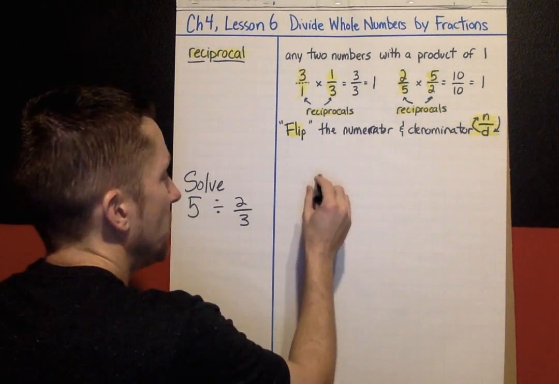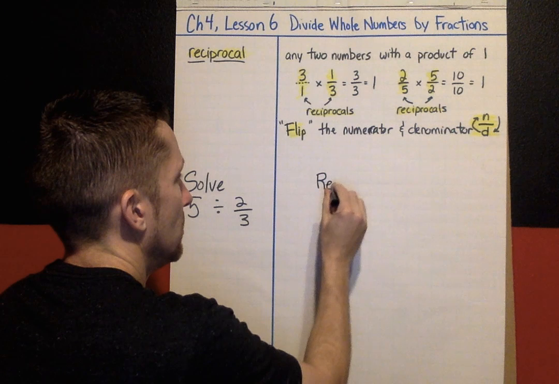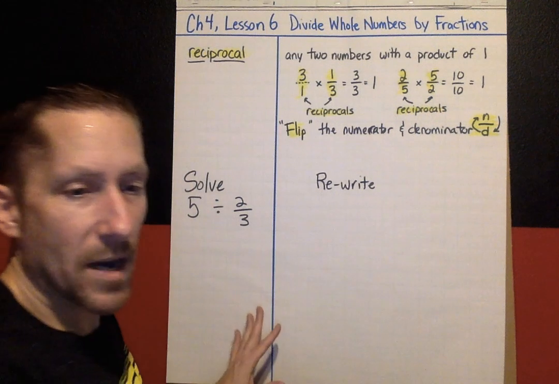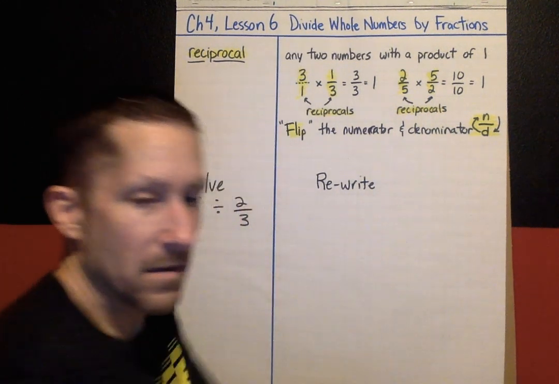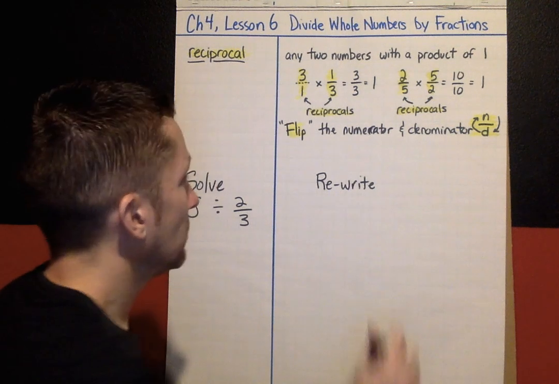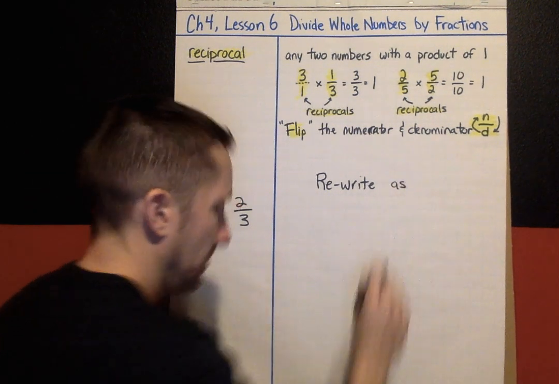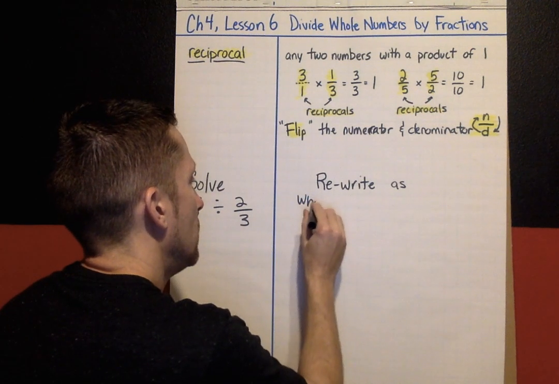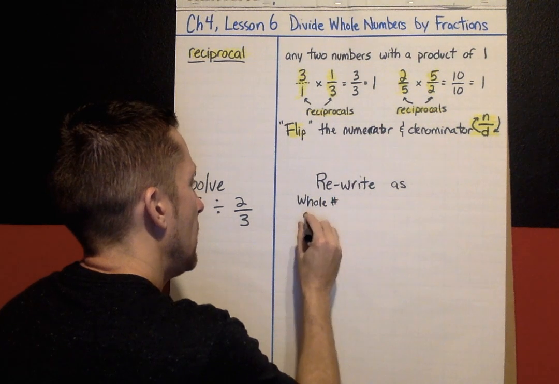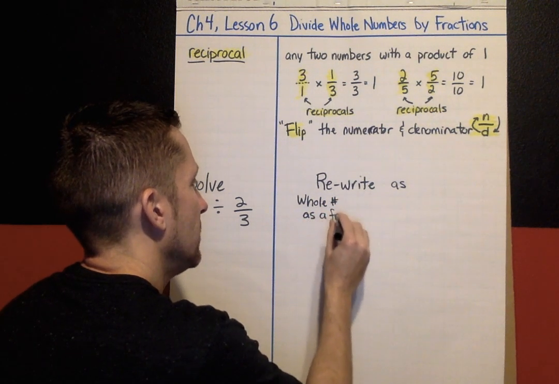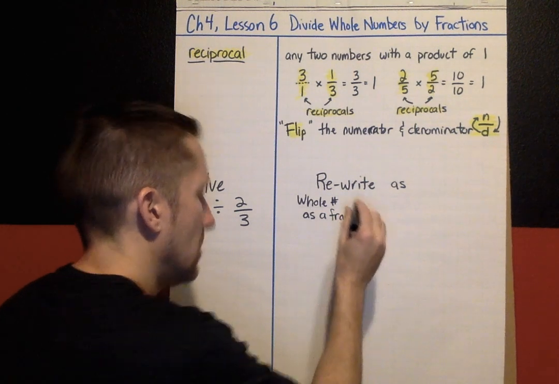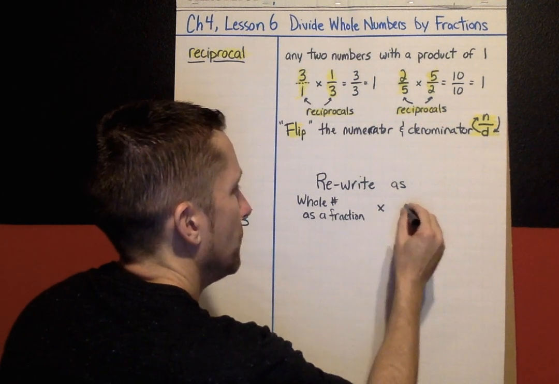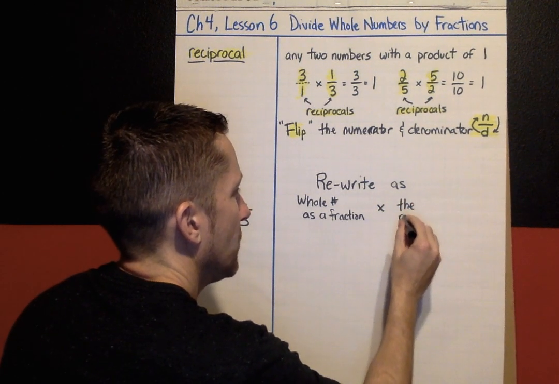So you're going to rewrite the problem, the whole number as a fraction, times the reciprocal.